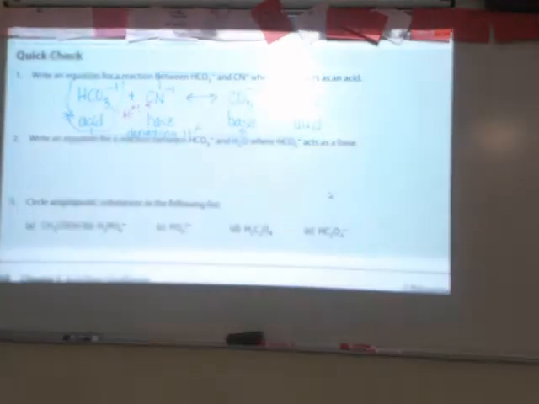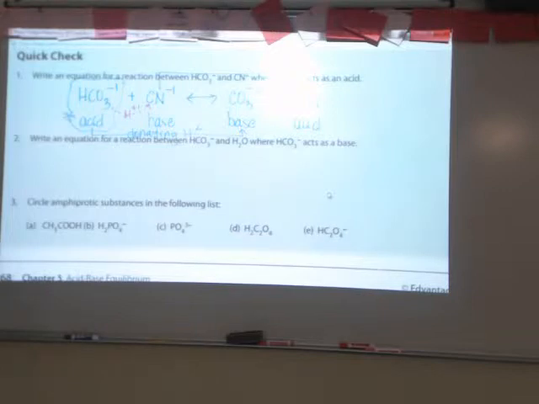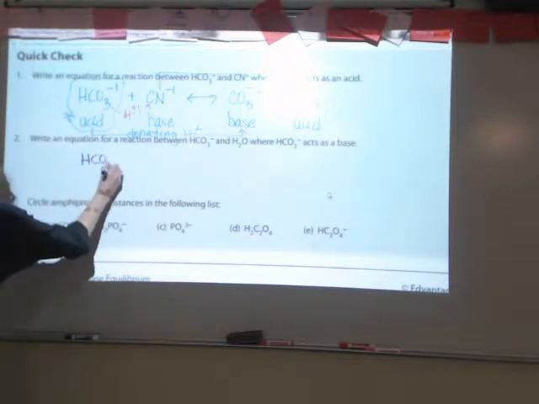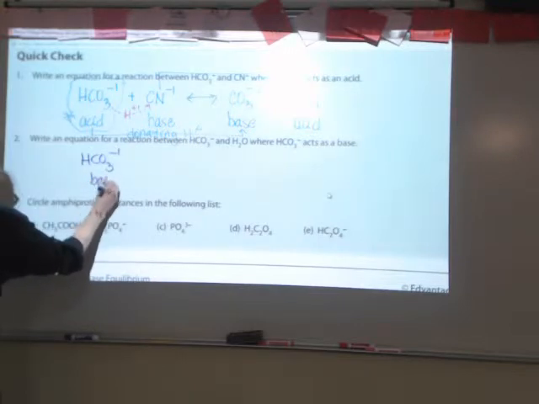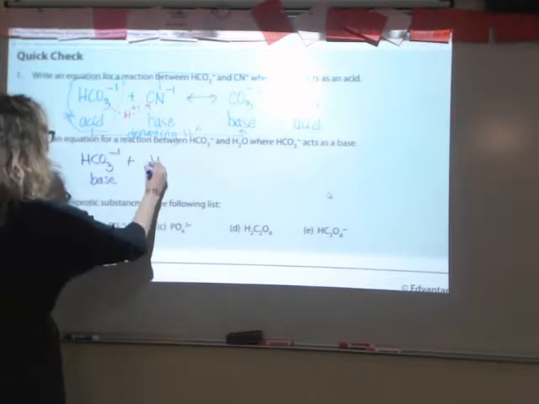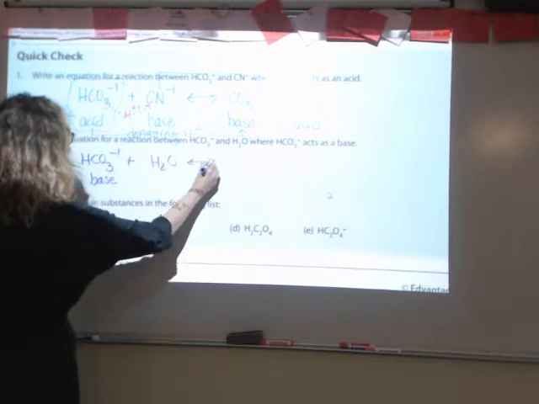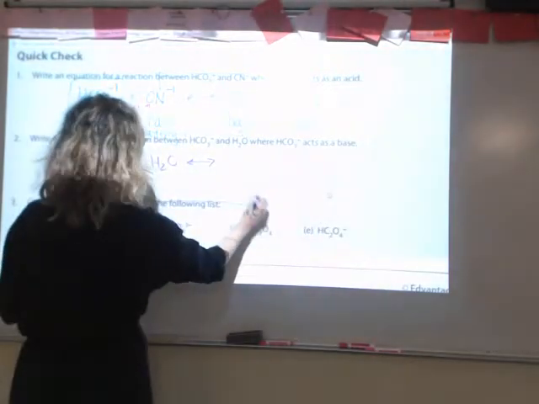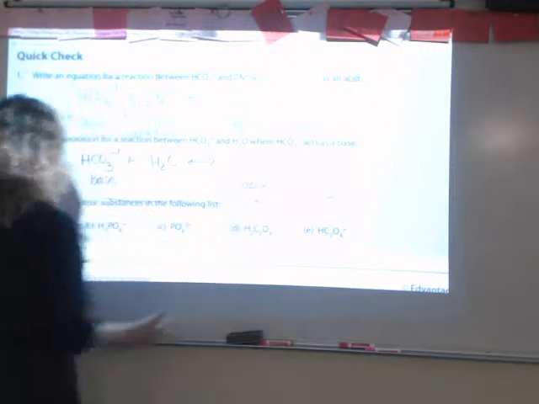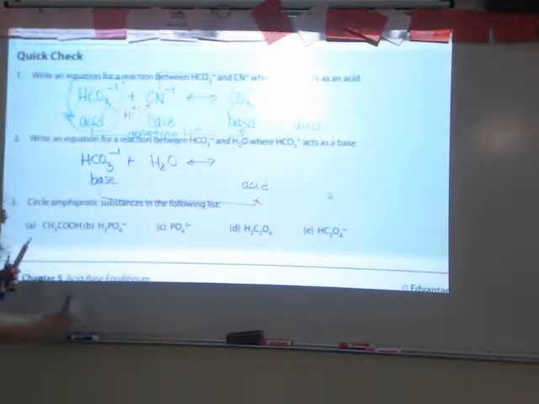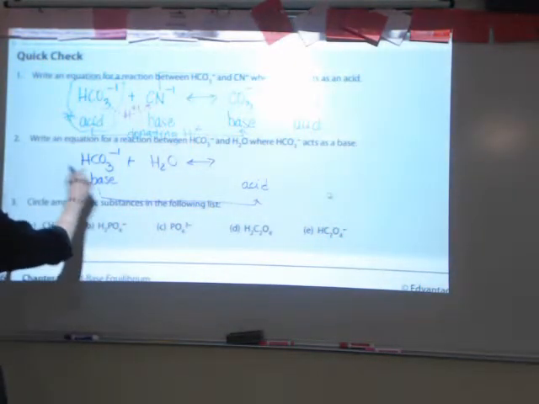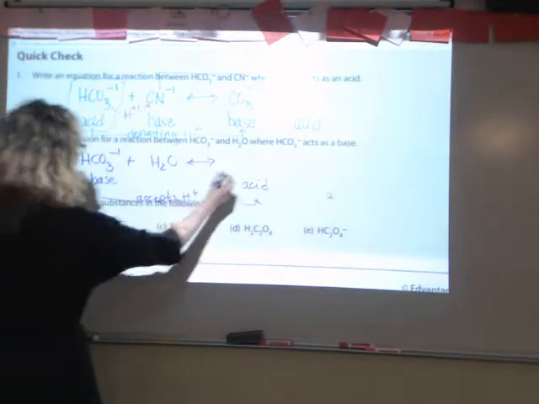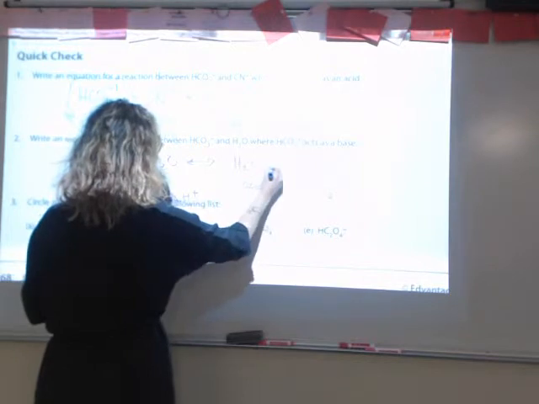Okay, now, if I write an equation for that same ion acting as a base, that means this substance is going to have an acid on the product side as its partner, so I have to accept a hydrogen ion, which would make it H2CO3.